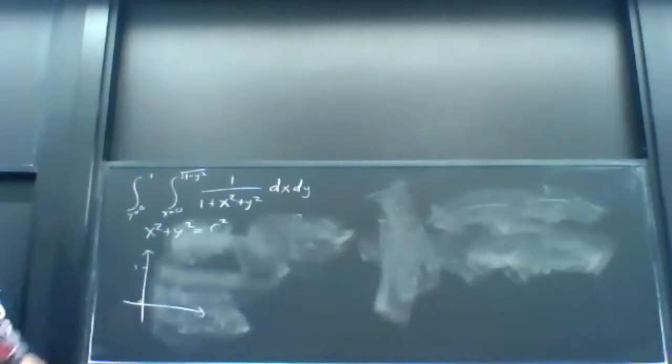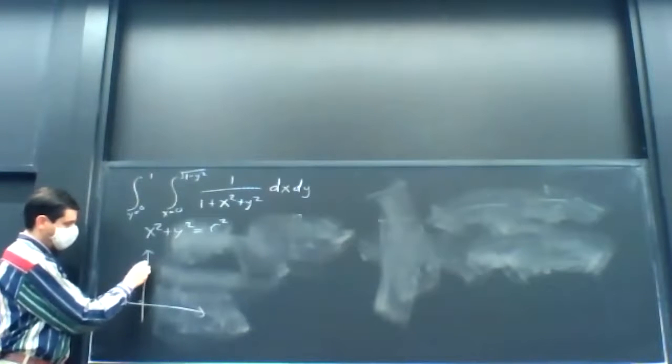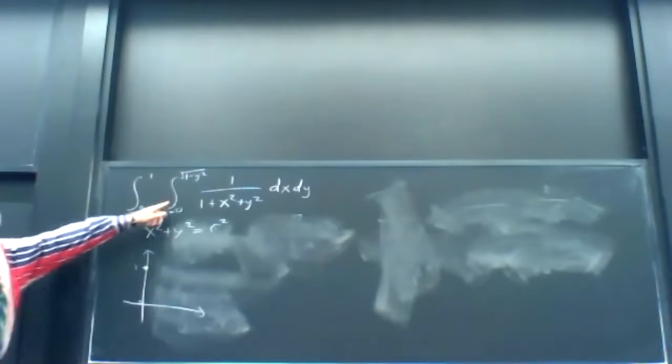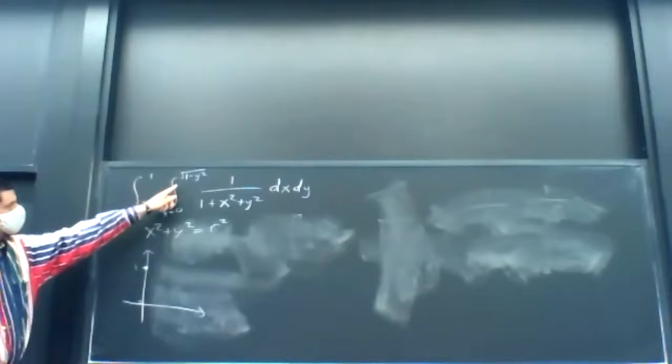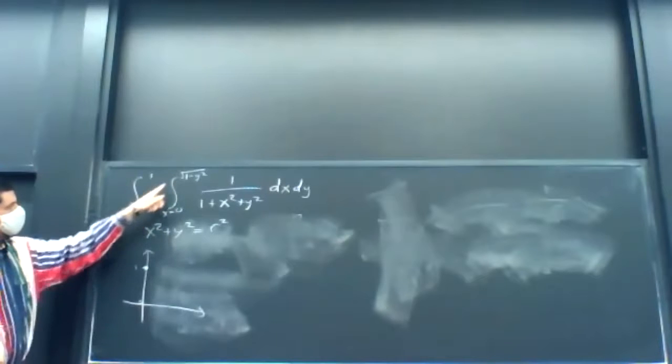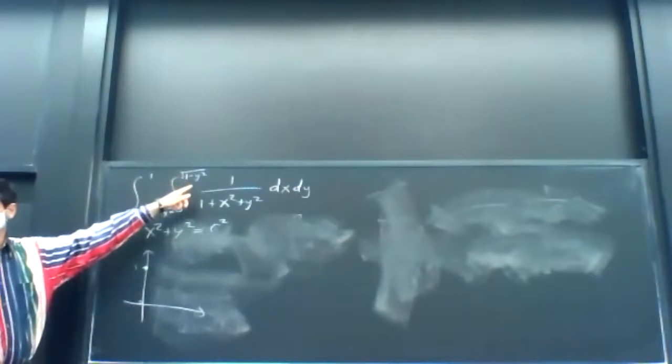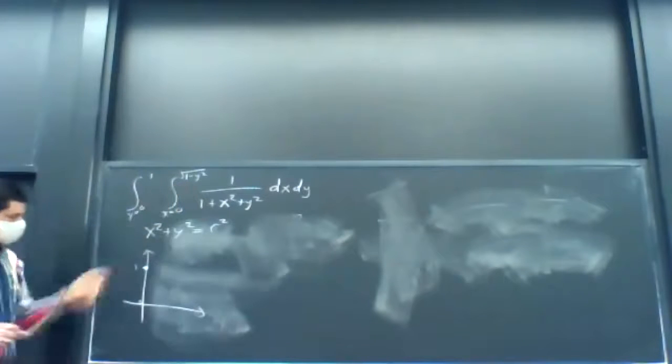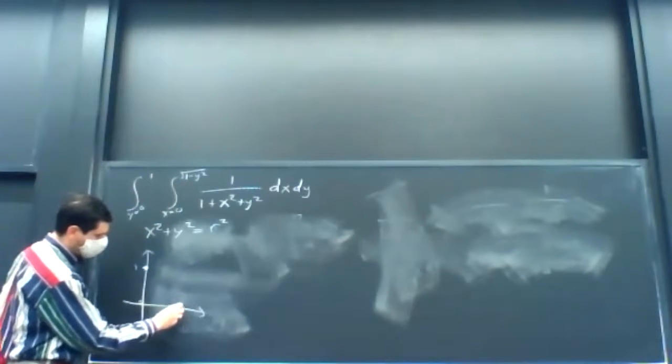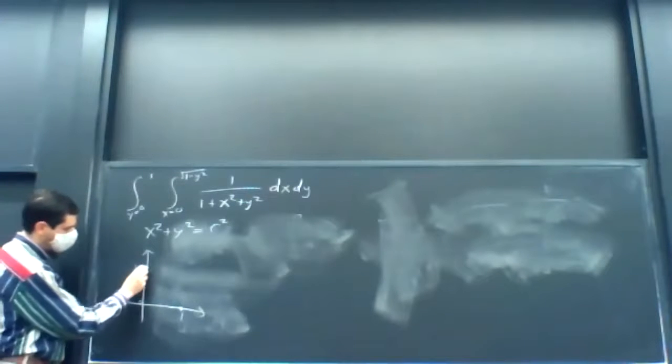So when y equals 1, we just go to there. When y equals 0, what is the square root of 1 minus y squared? 1. So when y equals 0, we go all the way to 1. When y is 1, we go all the way to here. And you can just see how far we go for each one.